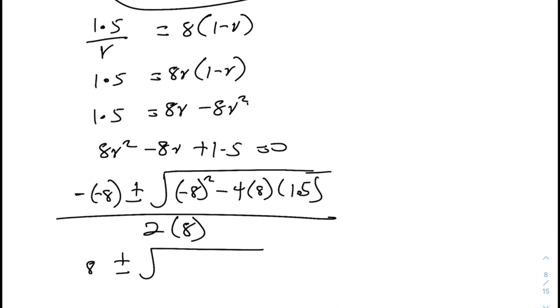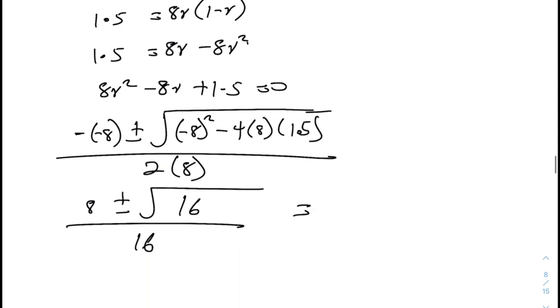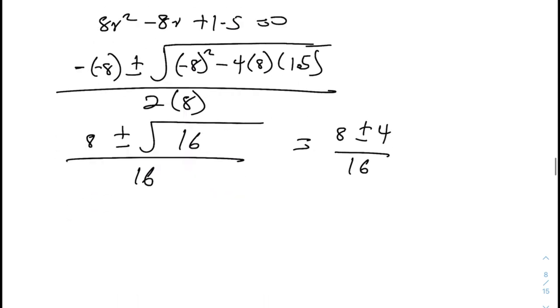But in the exam, please and please again, make sure that you show working whenever you are solving a quadratic, because there are marks for that. But here is YouTube, no one is going to penalize me. So that's square root of 16, which is 4. So you have plus or minus 4 over 16.